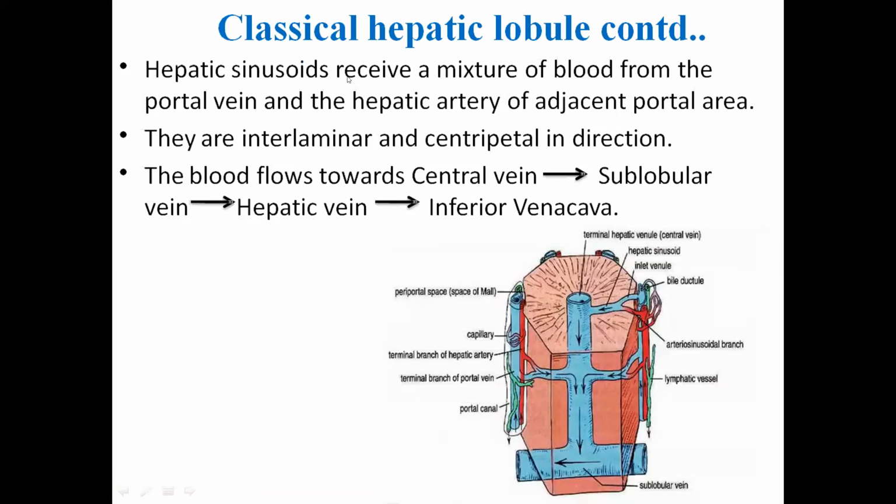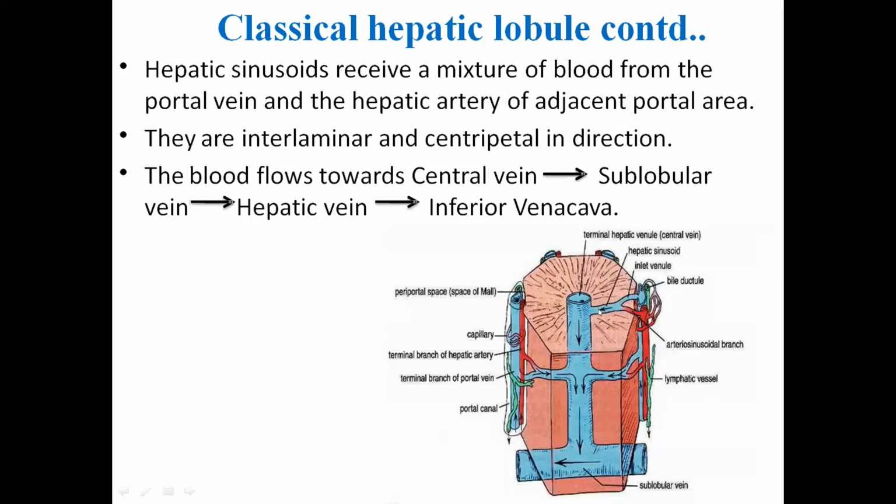So blood flow of the classical hepatic lobule is from the periphery towards the central vein. It receives the blood from the inlet venule and the arteriosinusoidal branch of the terminal branches of the hepatic artery and the portal vein.